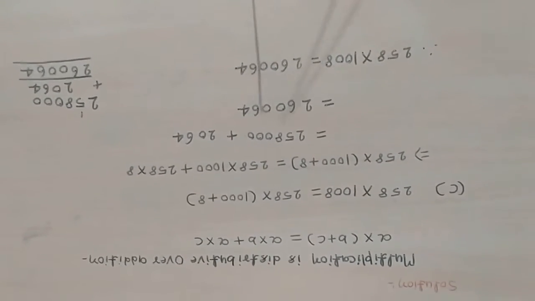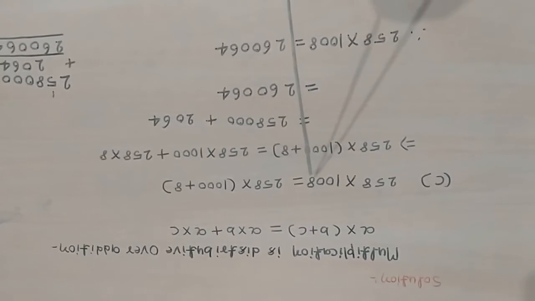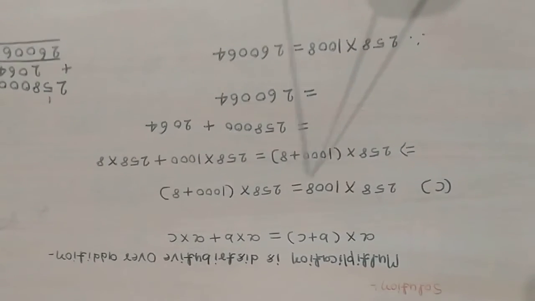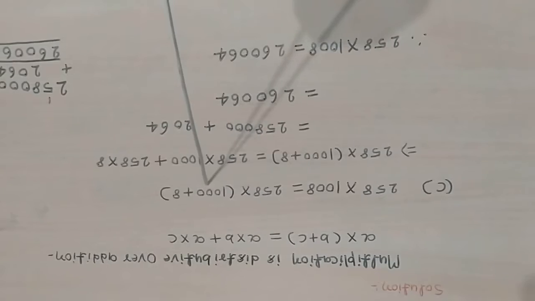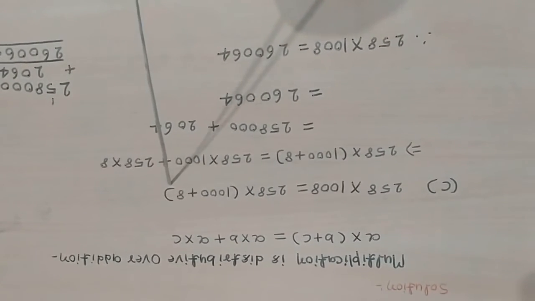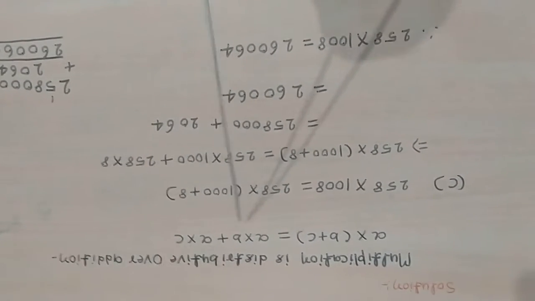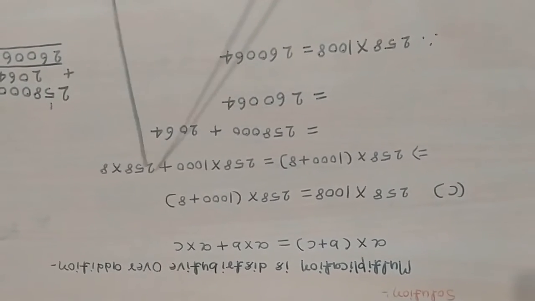Clear? First we break these numbers: 1008 in the form of 1000 plus 8. After this, distribute this number, like that, this plus this.